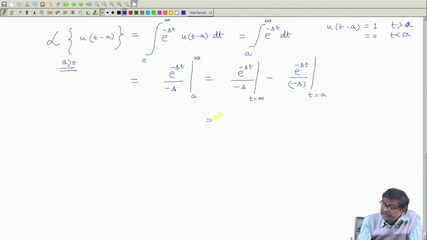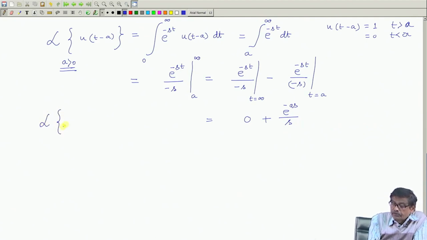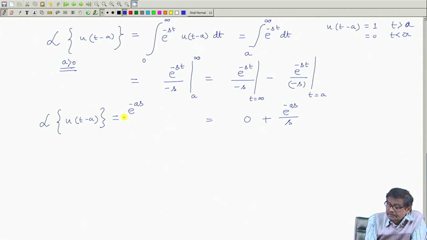Once again, the first term at t equal to infinity will tend to 0, because s is sigma plus j omega. So, this will be 0 and the second becomes plus e to the power minus a s by s. So, the Laplace transform of u(t minus a) is equal to e to the power minus a s by s.